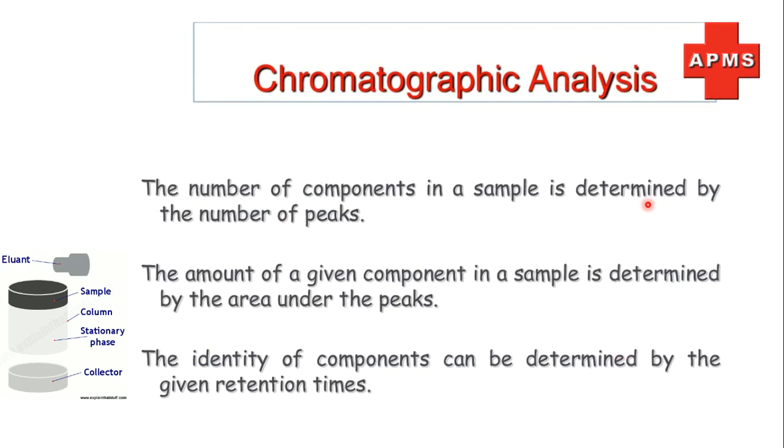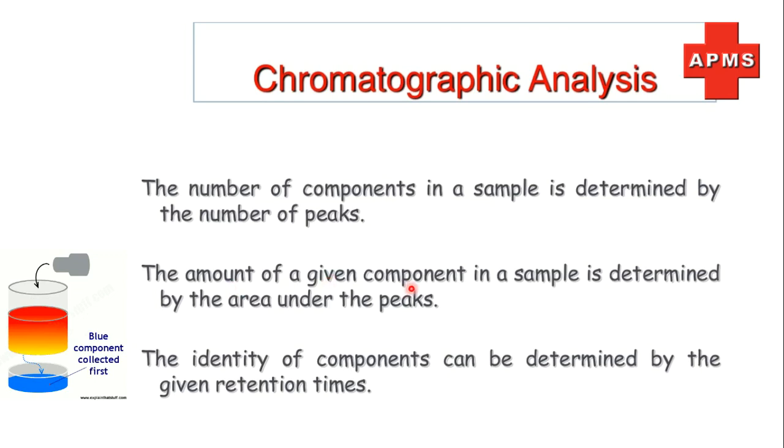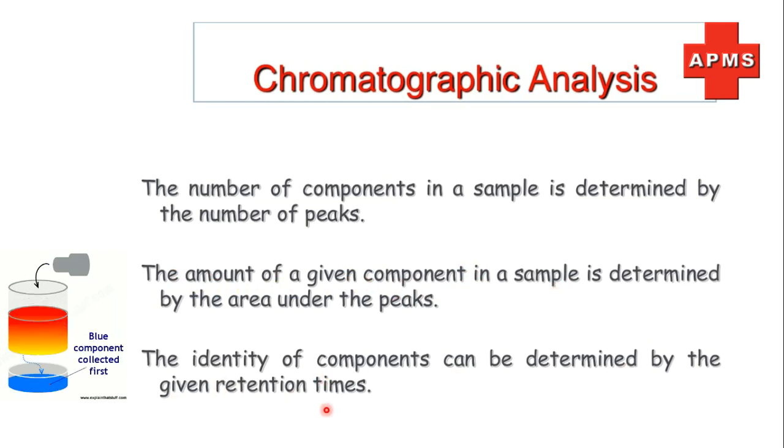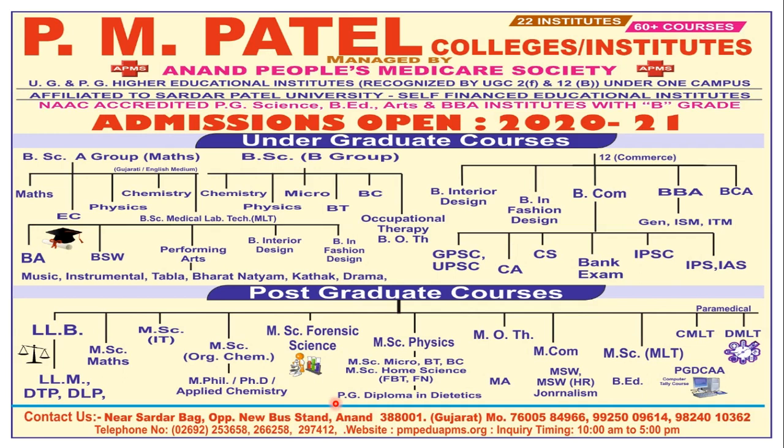The number of components in a sample is determined by the number of peaks. The amount of sample is determined by the peak area, the area under the peaks, which is the quantitative analysis where we can determine the amounts of different organic compounds present in the sample. The identity of a component is determined by its retention time.